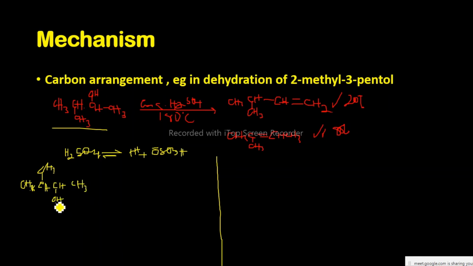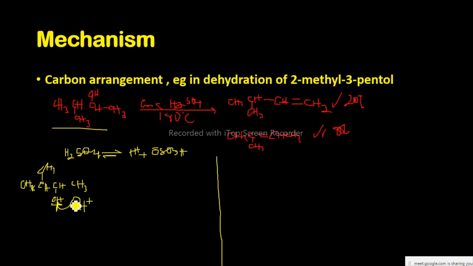Now this oxygen, we said that it has lone pairs of electrons, so it will donate the lone pair of electrons to this proton. Now mind the direction of your arrows. I call it madness if I find somebody drawing such an arrow. This is total madness. Why?